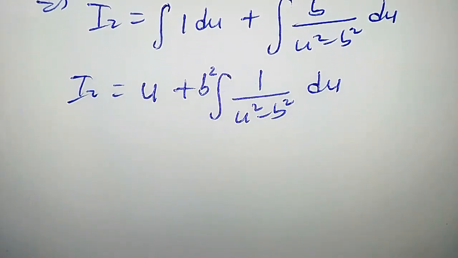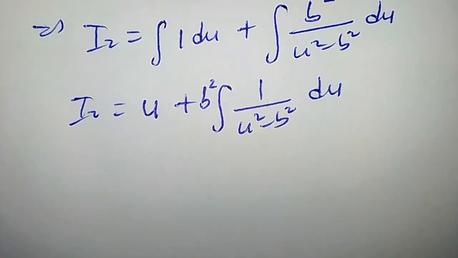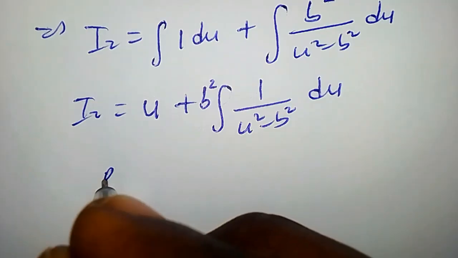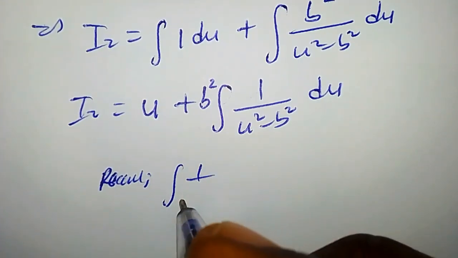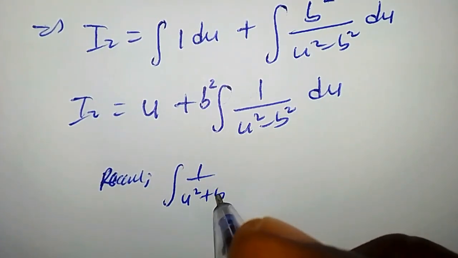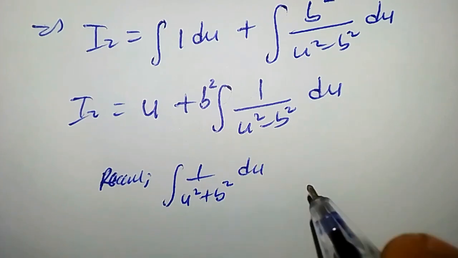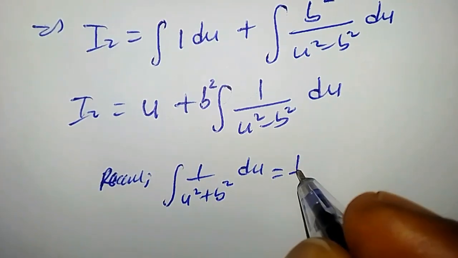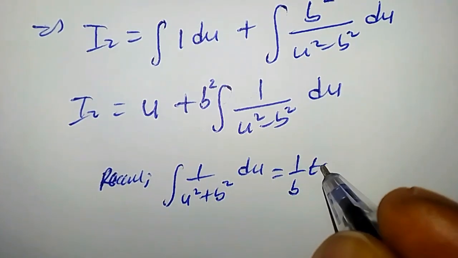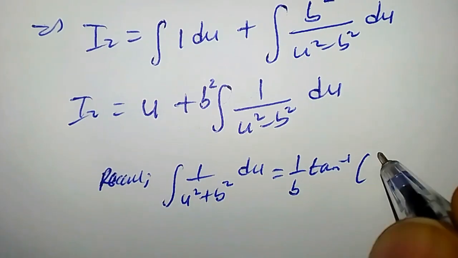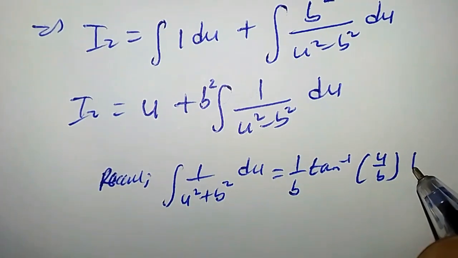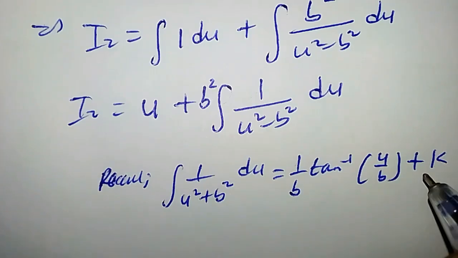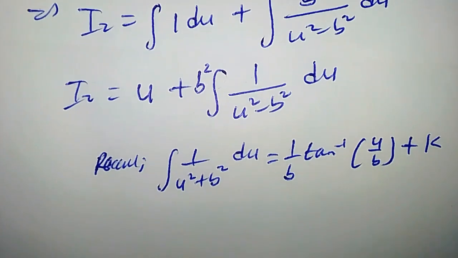Let's proceed further. At this stage, let's recall some interesting properties of integrals. Recall that the integral of 1 over u squared plus b squared with respect to u is equal to 1 over b times inverse tangent of u over b. Don't forget to add the constant of integration plus k. K is the constant of integration.